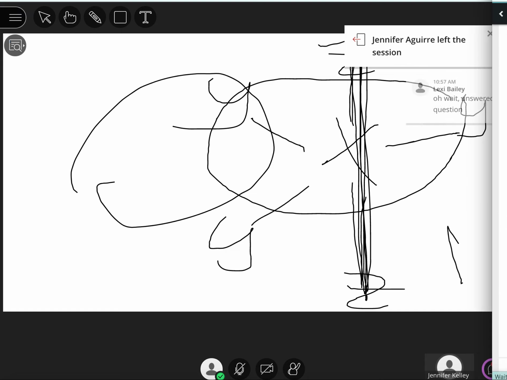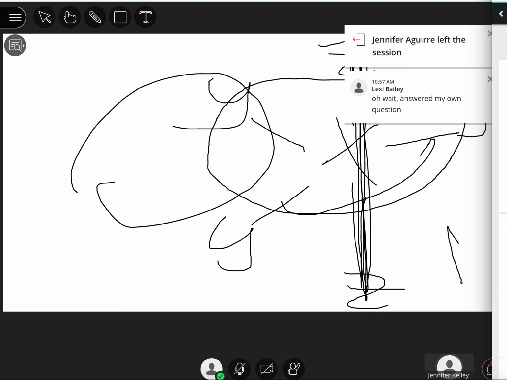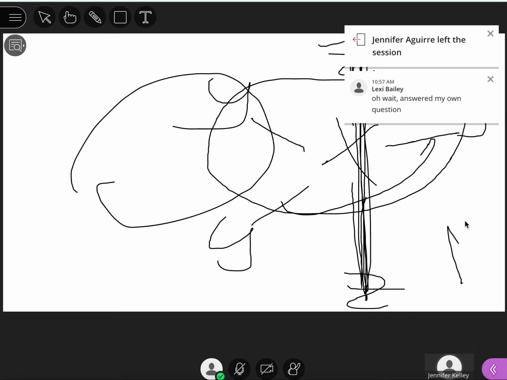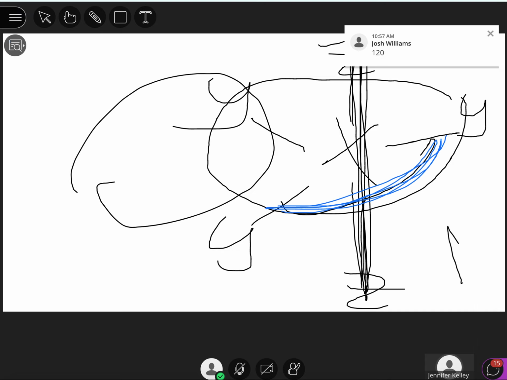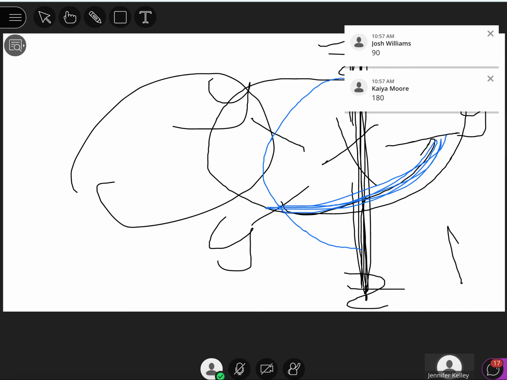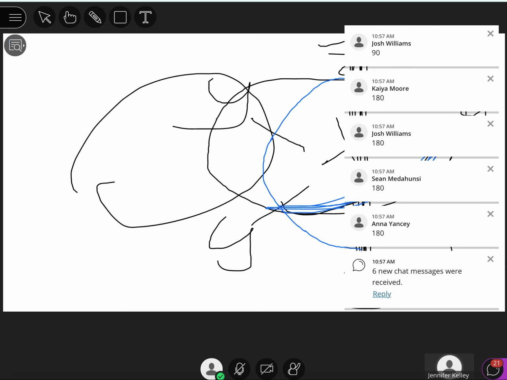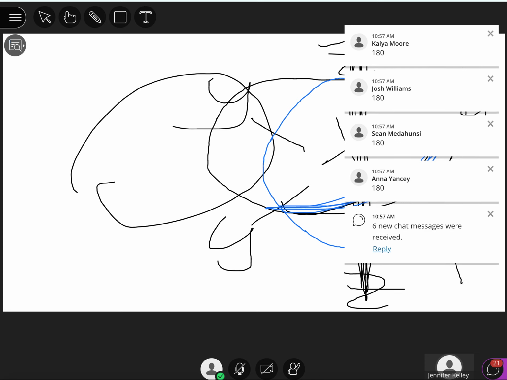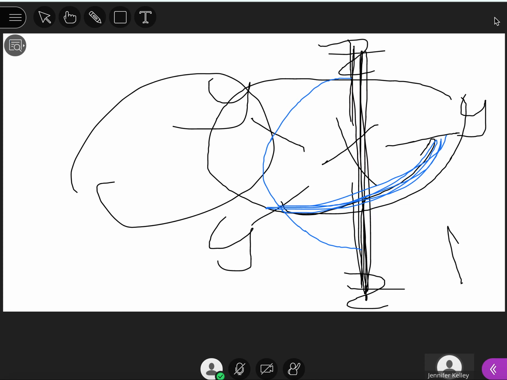So what do you think the angle between the Y's is? So like this angle, what do you think that is? Yeah, 120. What do you think the angle between this and this is? 180, good. And then between the Z and the Y is 90 degrees.